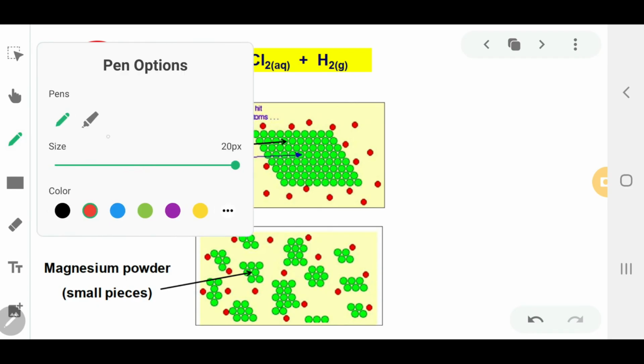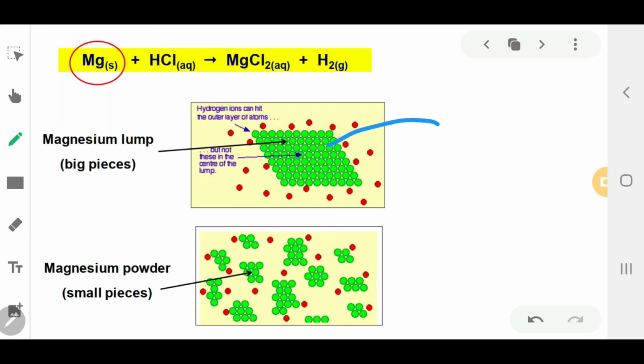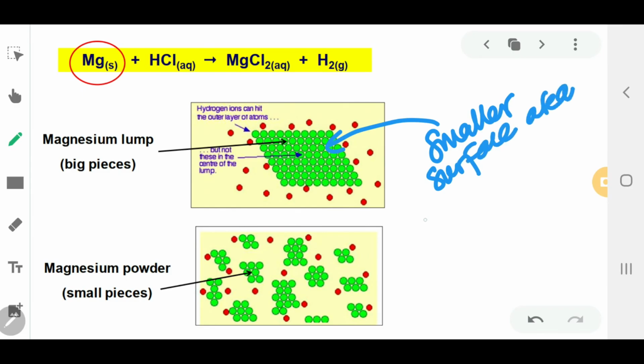So what you see here is, in that condition, you have smaller surface area exposed to reaction.